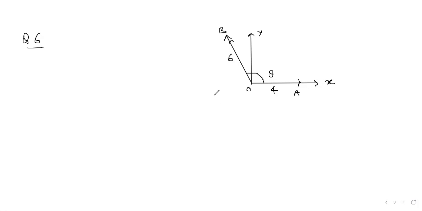So let's find the x component. This vector is 4 and its x component will be 6 cos theta, and it must be 0 because the resultant is along the y-axis.